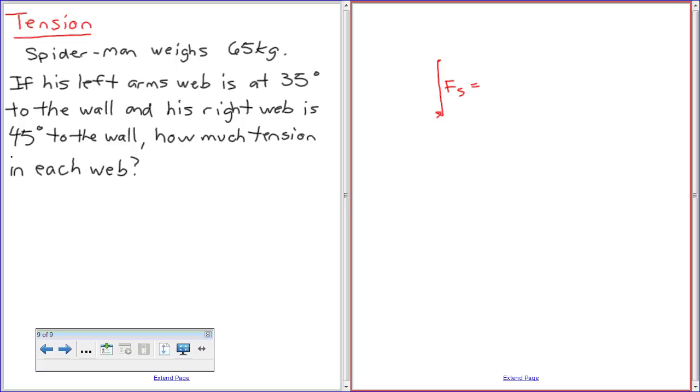Fg equals mg. Okay, so it's the mass times gravity. So the force of Spider-Man is going to be 65 times 9.81. Can someone please be brave and check the calculator for me? I'm going to pick on Jason because he's first on the draw for this one.